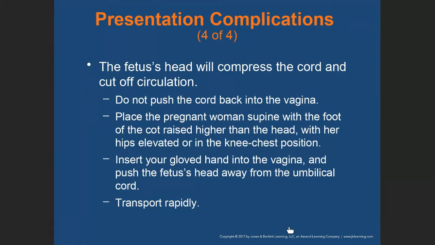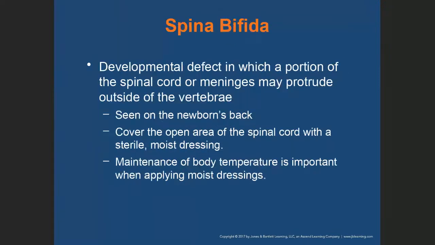Place the pregnant woman supine with the foot of the cot raised higher than the head, with her hips elevated or in the knee-chest position. Insert your gloved hand into the vagina and push the fetus head away from the umbilical cord. Transport rapidly.